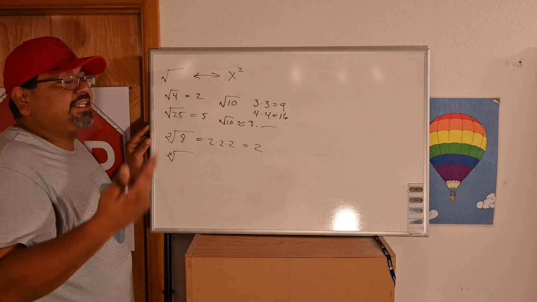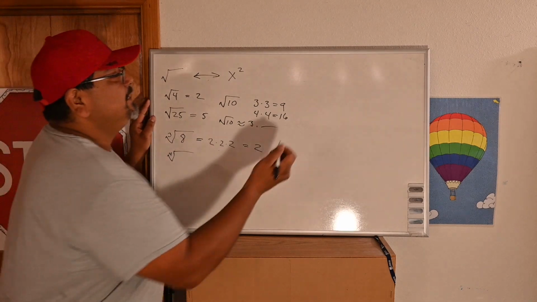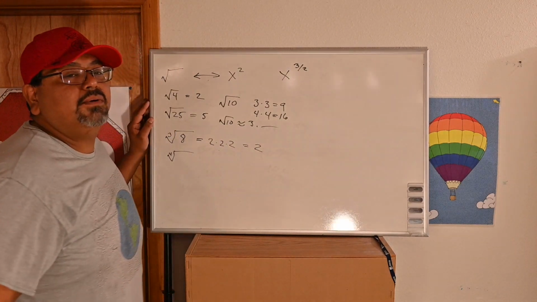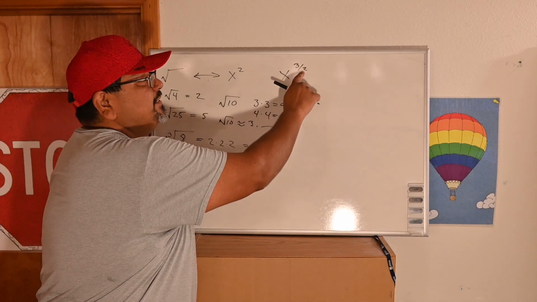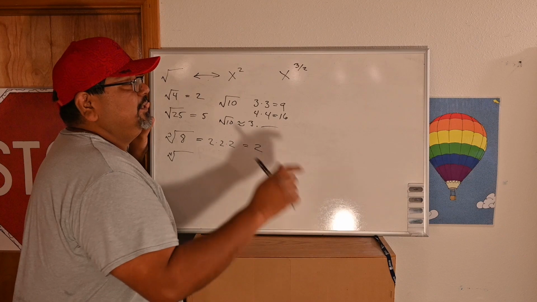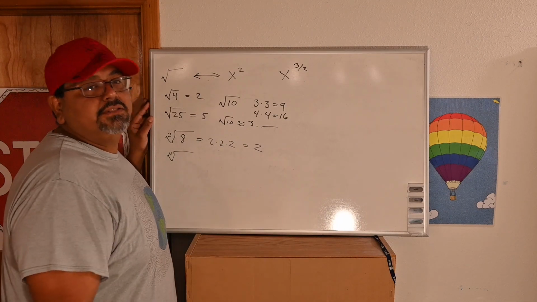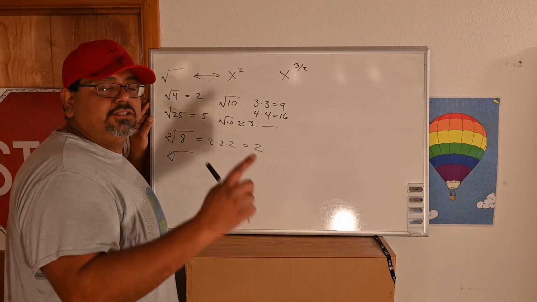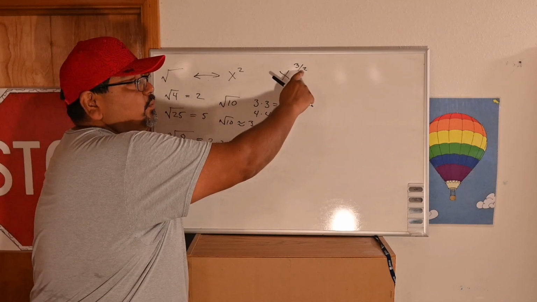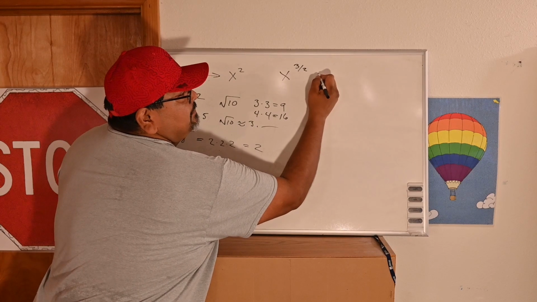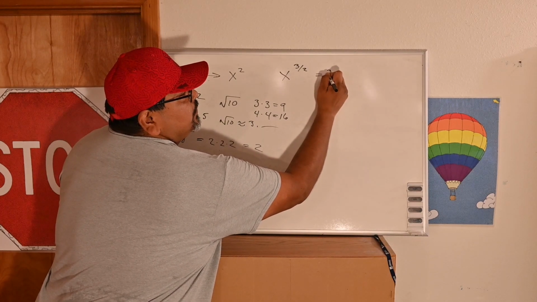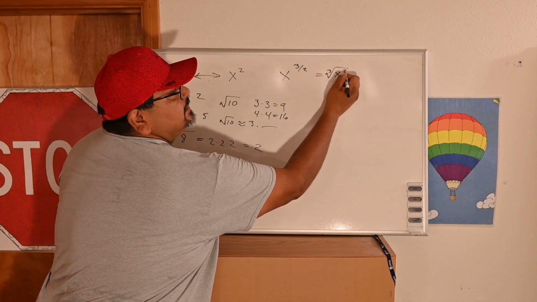Now, when I was a kid, I used to wonder what this meant. I was like, well, why in the world do they have a fraction as an exponent? Well, the proof of it, and mathematicians are always going to say, well, prove it to me. Show me all the fundamentals, and then we're going to come up to that particular notion on why this actually means the third root of x squared.